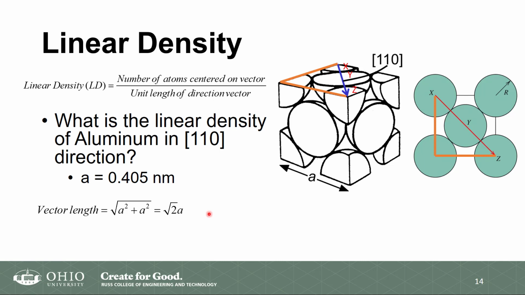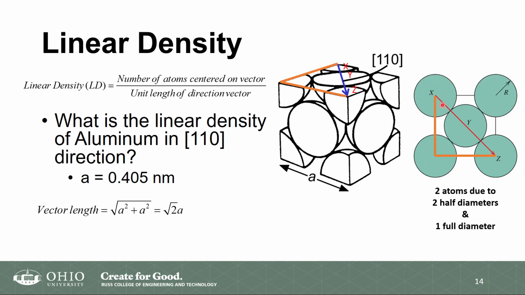Then the next part is to figure out the number of atoms centered on the vector. In the previous part we talked about how corner atoms are 1/8, but in this case we're not looking at the volume of the unit cell.